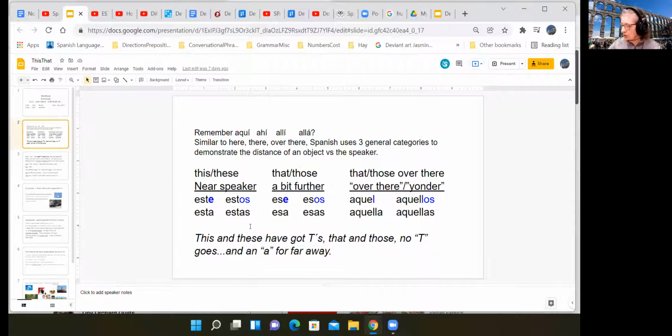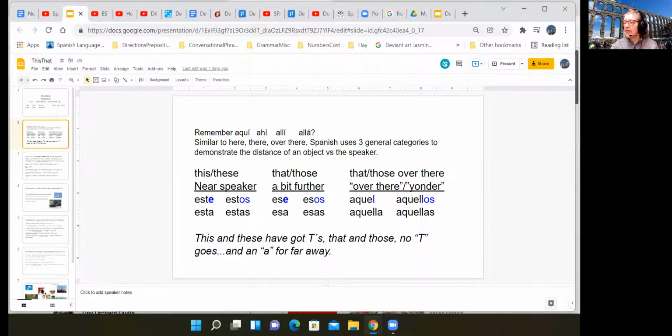So, por ejemplo, este libro. We would never say esto libro. Esto libro would sound weird to a native Spanish speaker. Este libro, but if it's near somebody I'm talking to, it becomes ese libro. And if it's away from both of us, it becomes aquel.